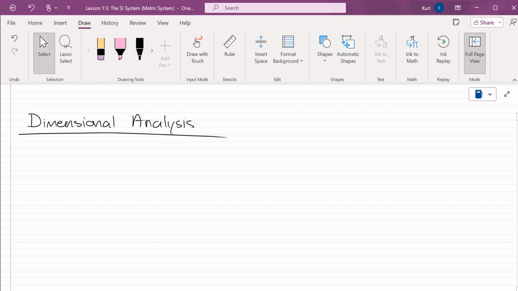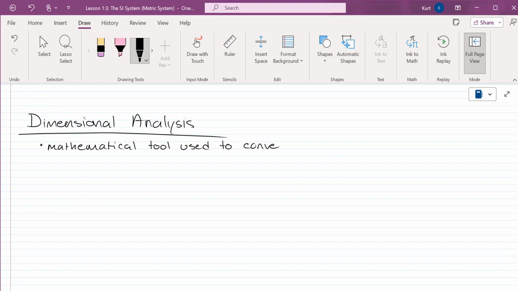This is dimensional analysis. Dimensional analysis is a way to convert numbers from unit to unit.